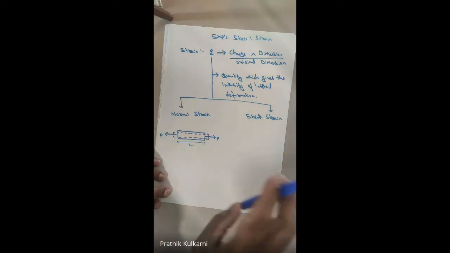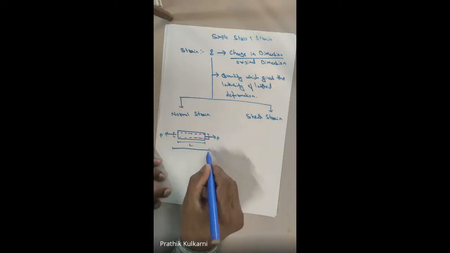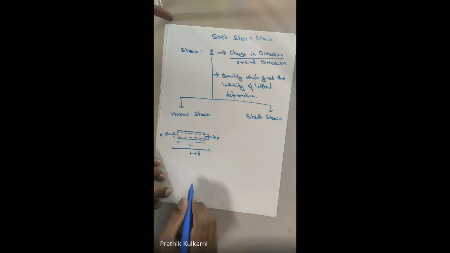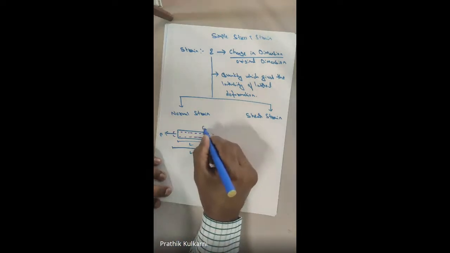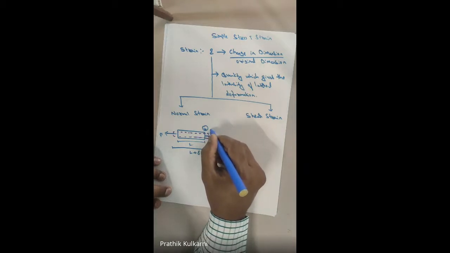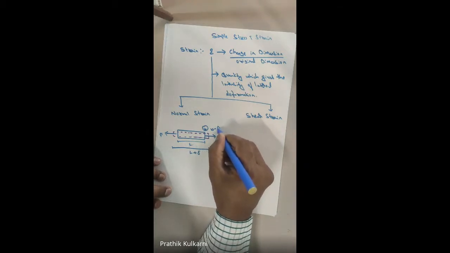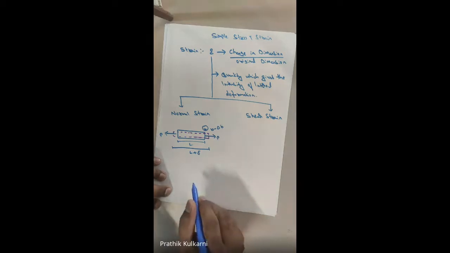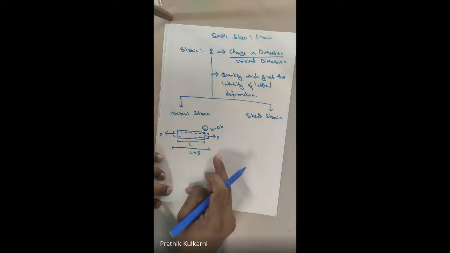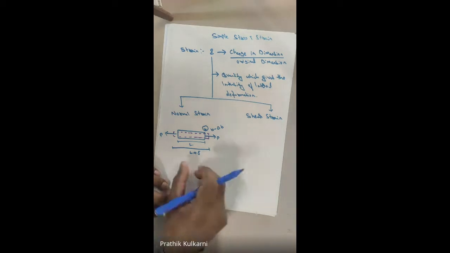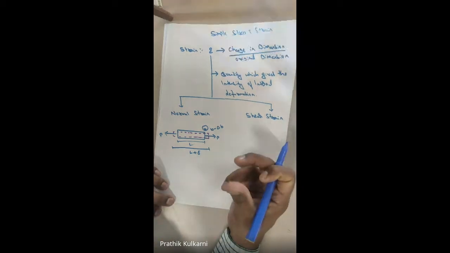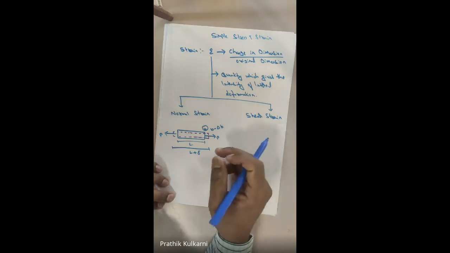Previously the length was L. Now the length is L plus delta. And if the width is B, then the change in width will be B minus delta B. Please be careful. If it is elongating in one direction, there will be reduction in your other direction. If the length is increasing, then its width and depth will reduce.